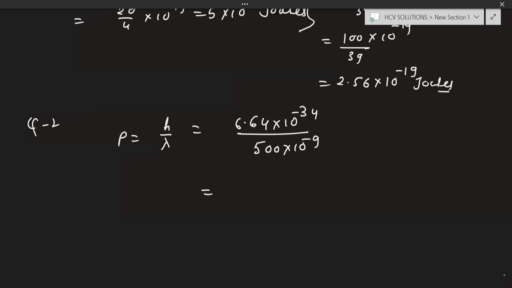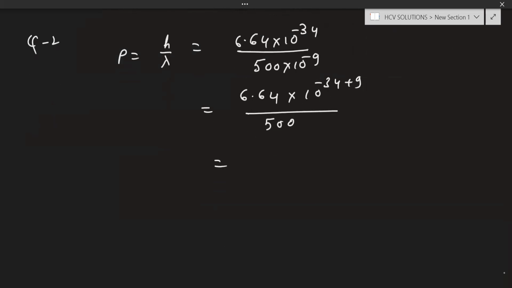So you see that is 6.64 into 10 to power minus 34, and the 9 will go in the numerator, divided by 500. So you take 100 here, so it will be minus 2 again. So almost you will find 6.64 and 10 to power 7.